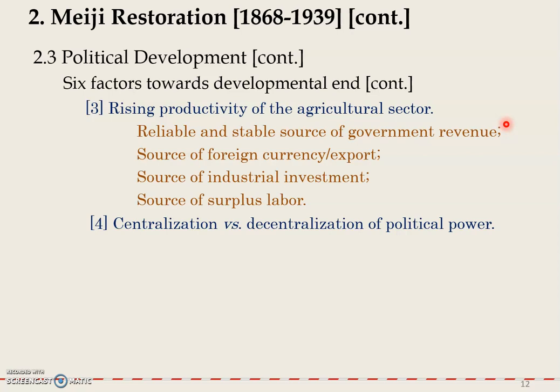They actually share the ruling power with each other. And as you might already have guessed, a decentralization of political power is more likely to lead to a developmental state. Okay, because there are more checks and balances within the bureaucratic system.